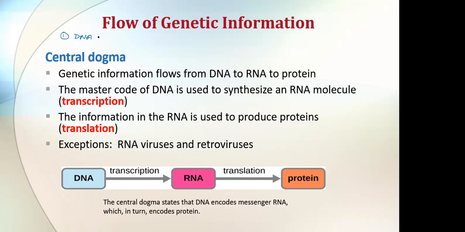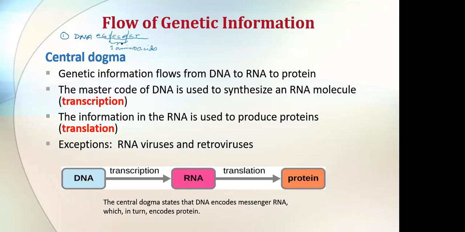Remember that it has nitrogenous bases, so maybe adenine, guanine, thymine, cytosine, adenine, guanine, thymine. Each three nitrogenous bases actually represent one amino acid. And I hope you remember that amino acids are the monomers of protein. So multiple amino acids together make a protein.